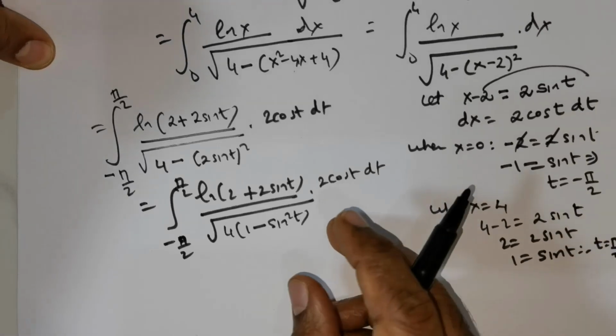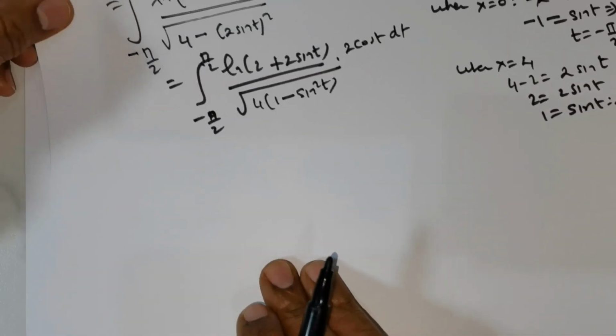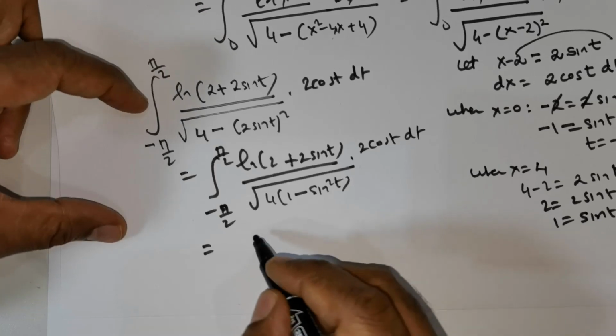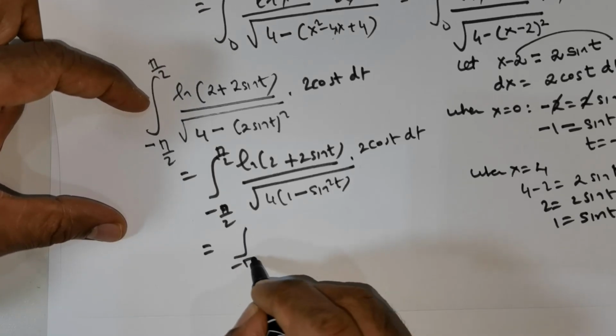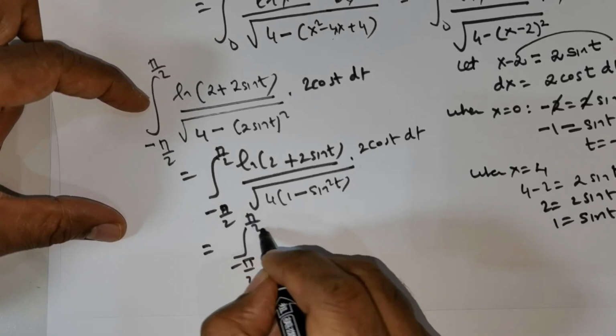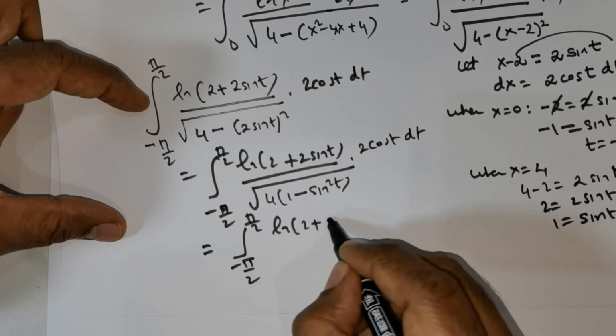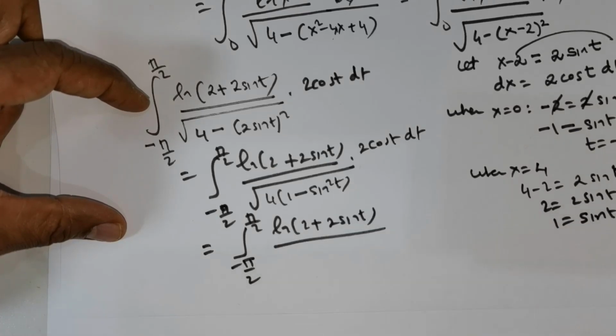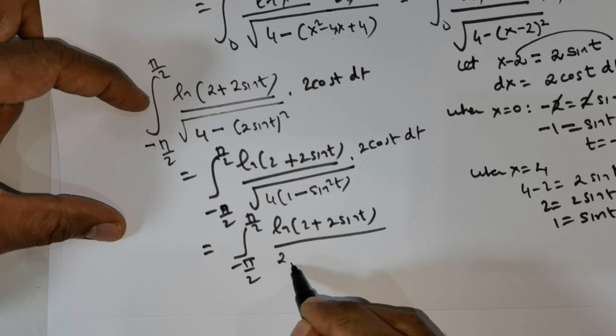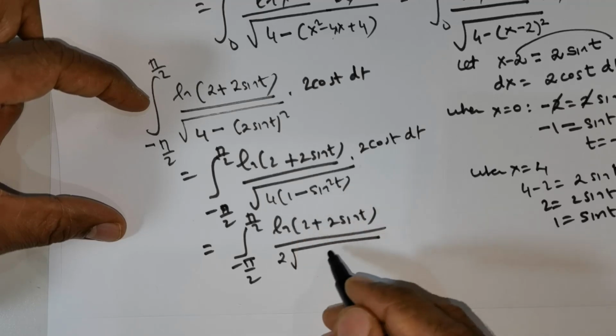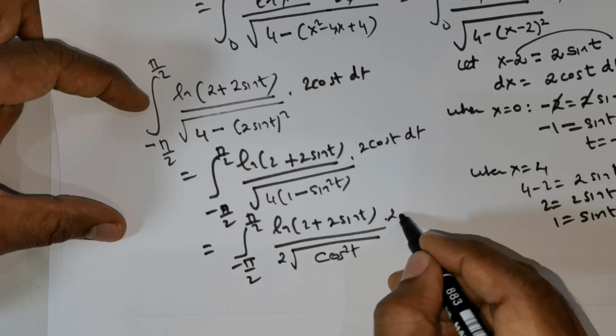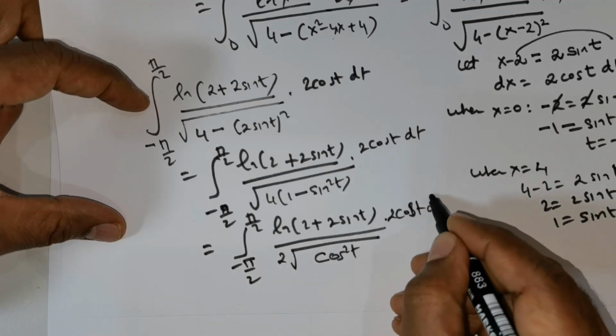So this is equal to the integral from negative pi over 2 to pi over 2 of ln of 2 plus 2 sine t divided by, 4 can be taken out, it will become 2. 1 minus sine squared t is going to be cos squared t, times 2 times cos t dt.